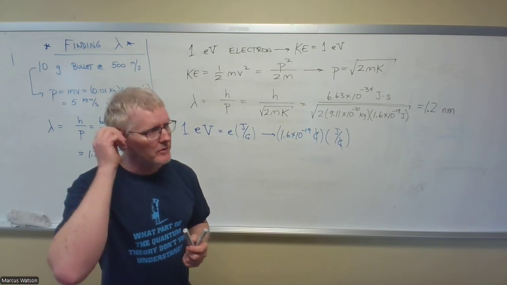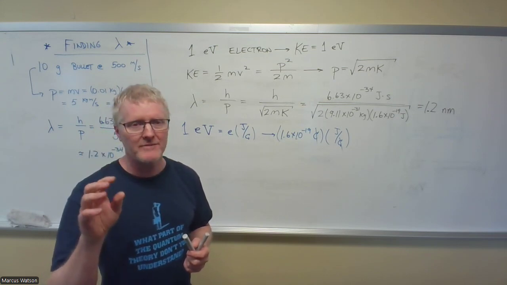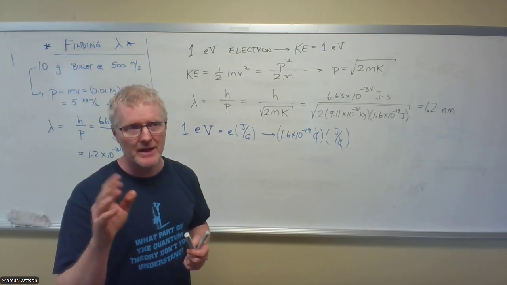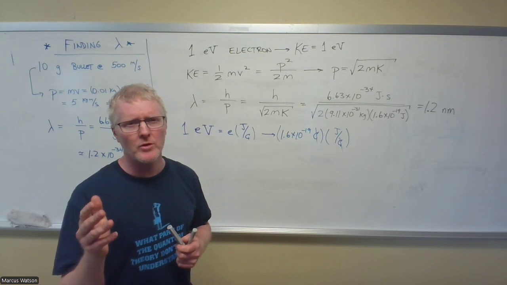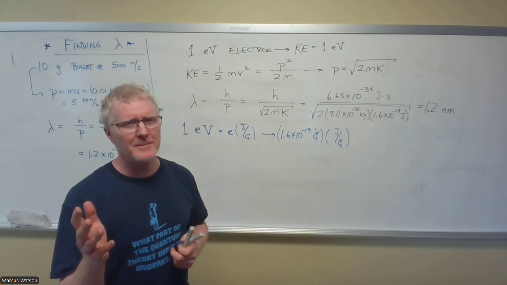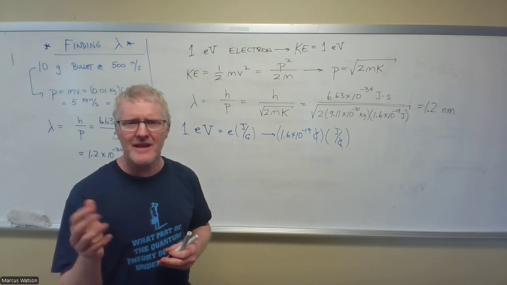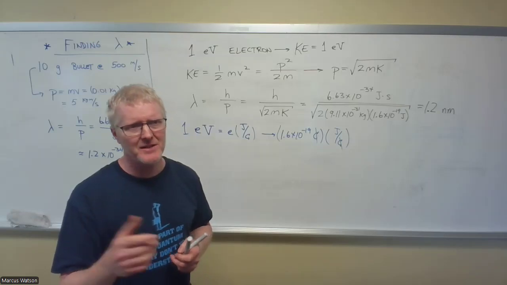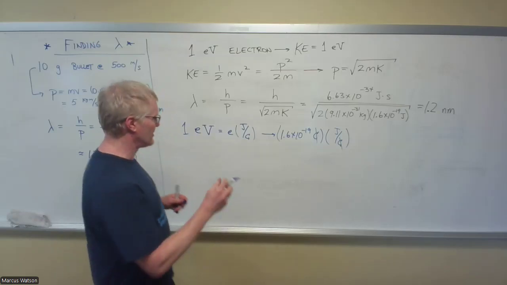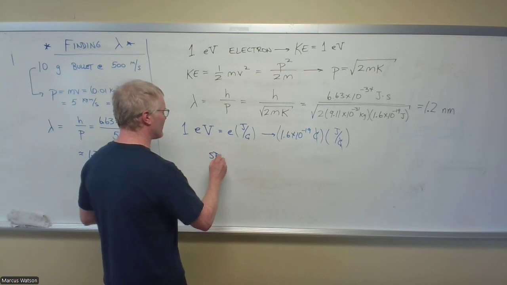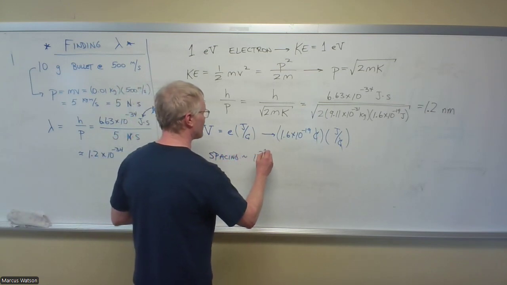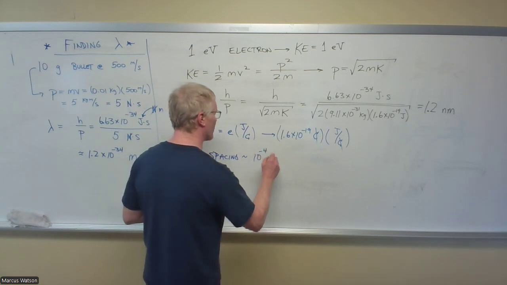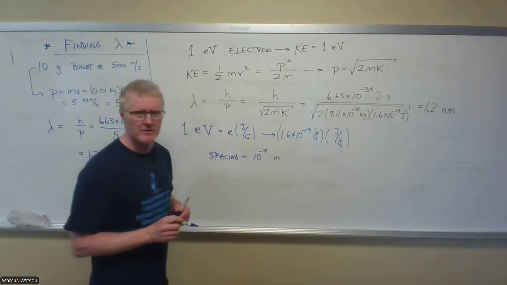When you think about wavelengths of light, the light's wavelength is say 500 nanometers, and we're talking about something that's like a quarter of a millimeter, or maybe 1/10 of a millimeter. So that's still about 10 to the minus 5, right? So you're thinking about a spacing or a slit width of something that's around, let's say 10 to the minus 4 of a meter, a tenth of a millimeter, okay?